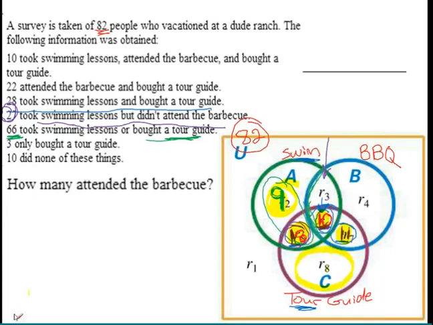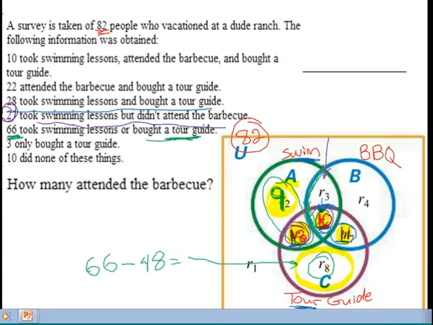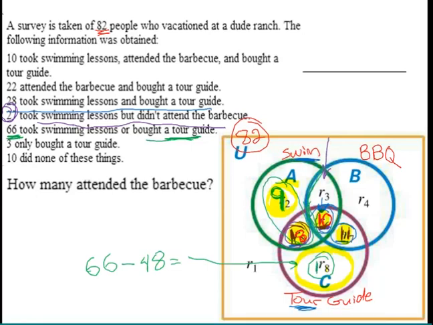Well, so far I've got 9, 18, so that's 27, plus 10 is 37, plus 11 is 48. So far I've got 48 between all those numbers. So what we're saying here is 66 minus the 48 I already know about is going to give me the number that needs to go into region 8 here. And so I go ahead and put my answer, which is going to be 18. So 18 here in just C alone.